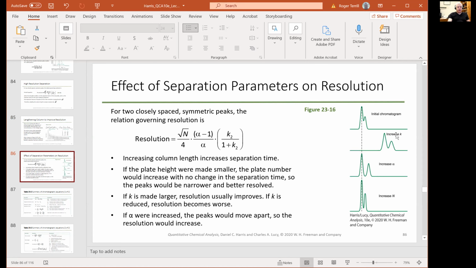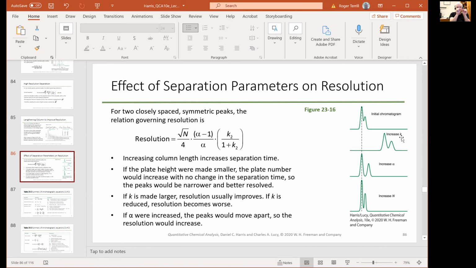But how, for example, could you increase K? What could you physically do to increase K? Any thoughts on that? Okay, let me start you off then. To increase K, you simply increase the length of the column, right?